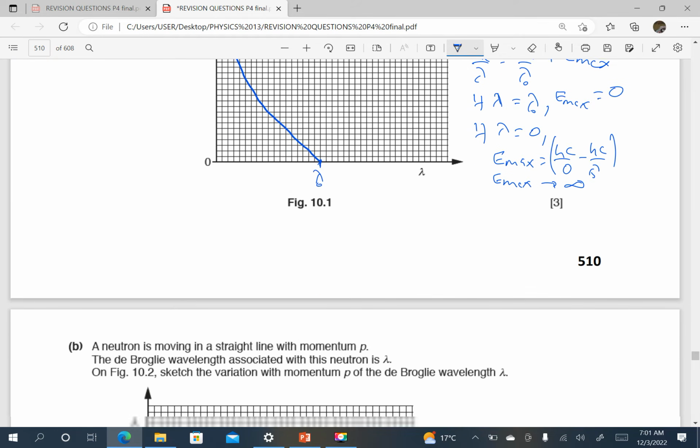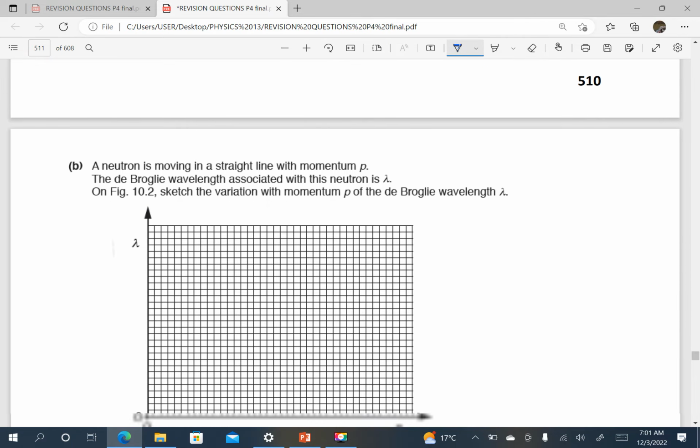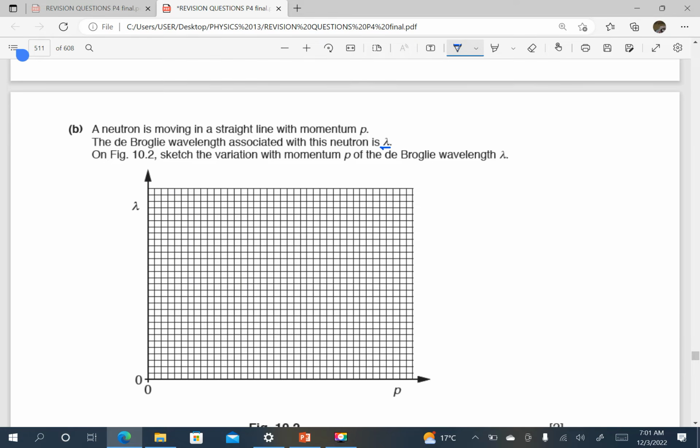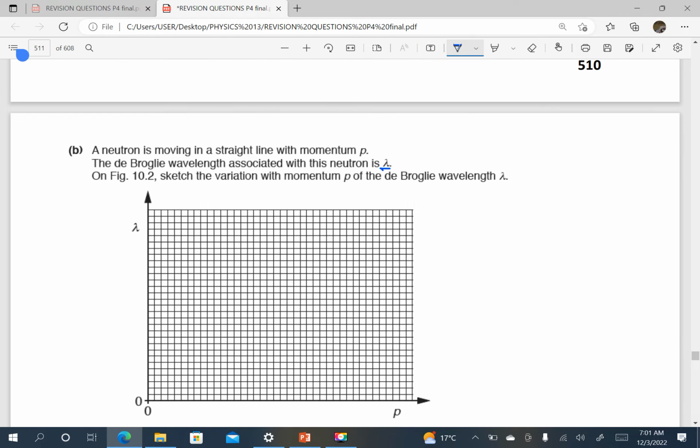Next, a neutron is moving in a straight line with the momentum p. The de Broglie wavelength associated with this neutron is lambda. On the figure, sketch the variation with the momentum p of the de Broglie wavelength. Note that the de Broglie wavelength lambda is equal to h over p.